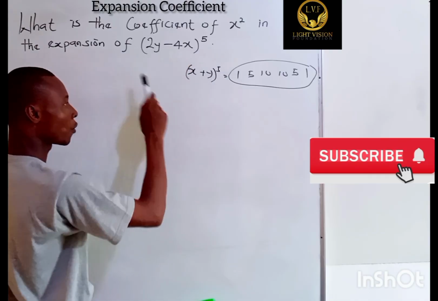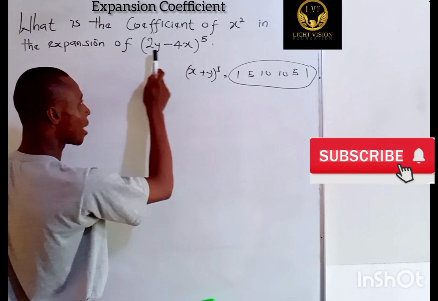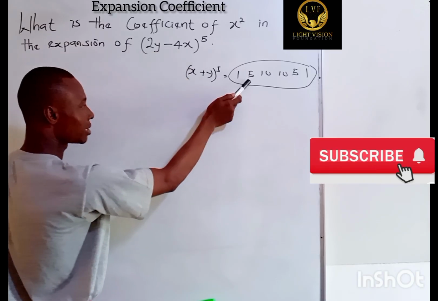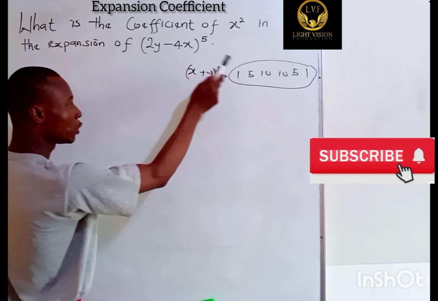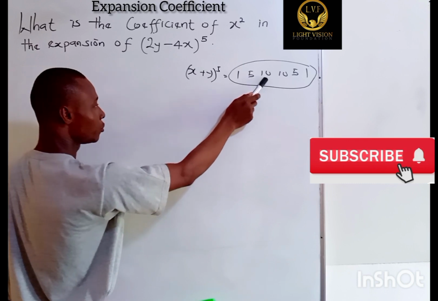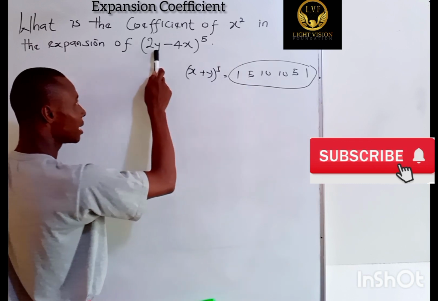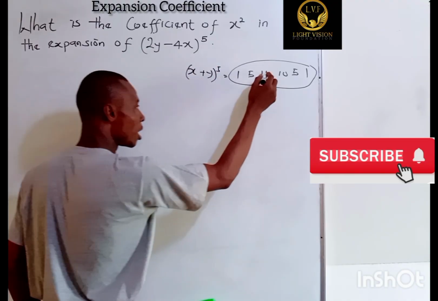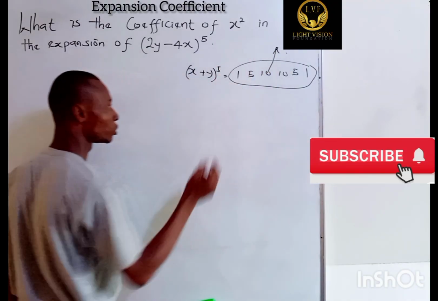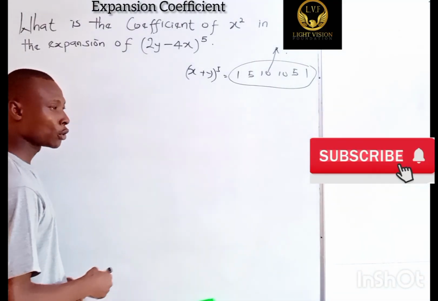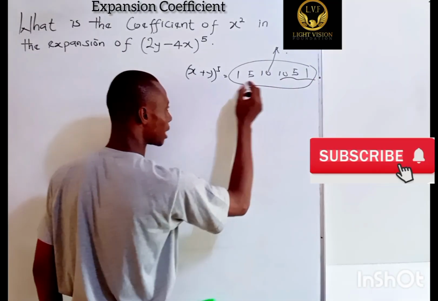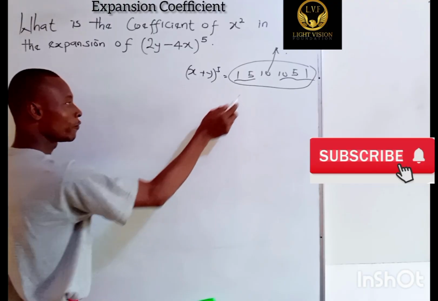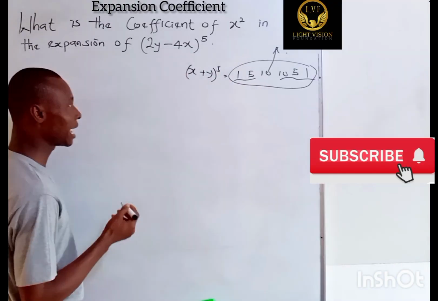When we use the second coefficient, the power of y is 4, the power of x is 1. If we use the third coefficient, which is 10, the power of y is 3, the power of x is 2. So these become the coefficients to use. You do not need this one and this. You only focus on the coefficient 10.